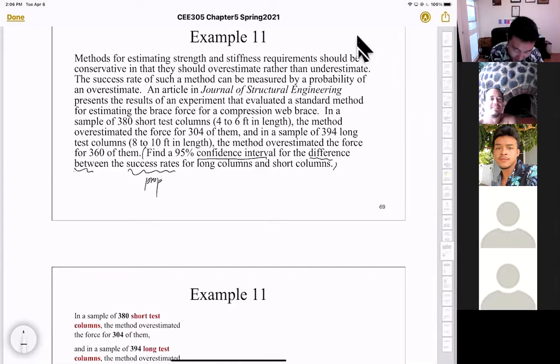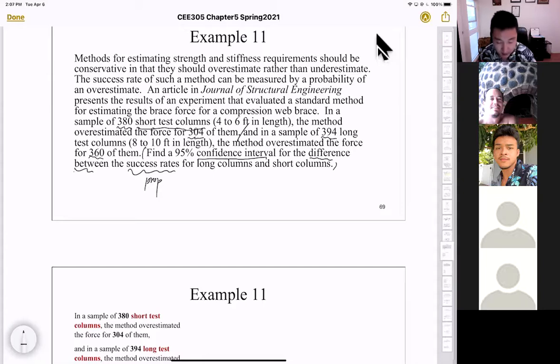In a sample of 380 short test columns, the method overestimates 304 of them. In another sample of 394 long test columns, the method overestimates the force for 360 of them.